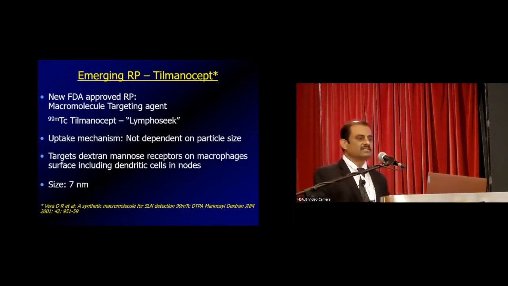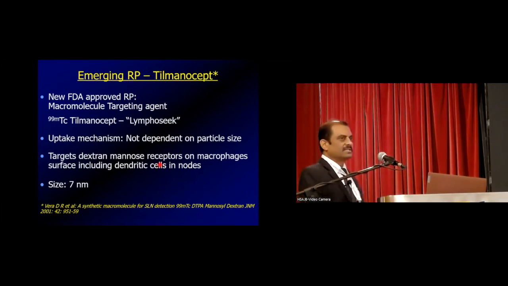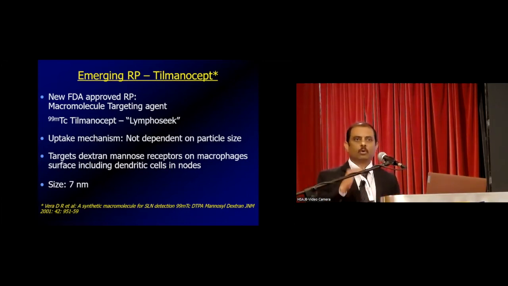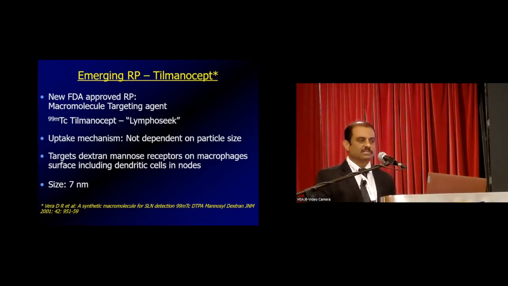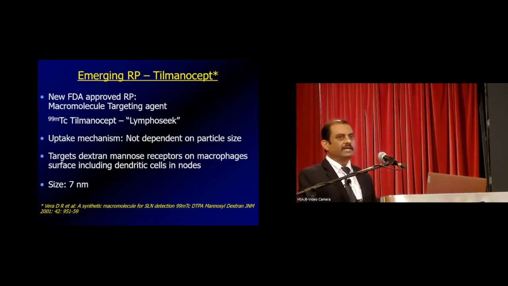Once it goes, it gets stuck to these dextran mannose receptors. So, you will not have more than one lymph node, and this is available in the trade name of Lymphoseek. Right now, it is available only in Western countries, too expensive, but it is the most ideal radiopharmaceutical right now.